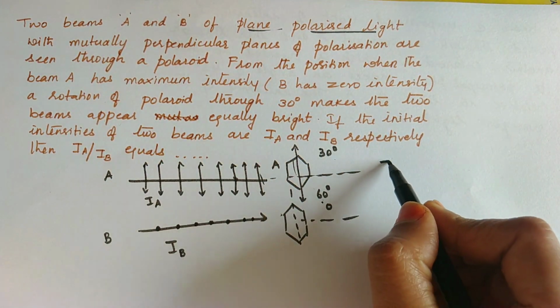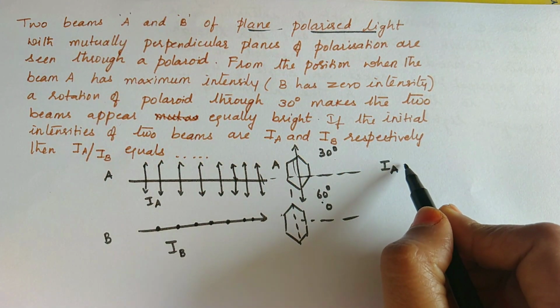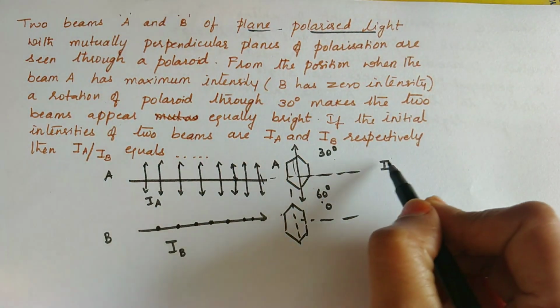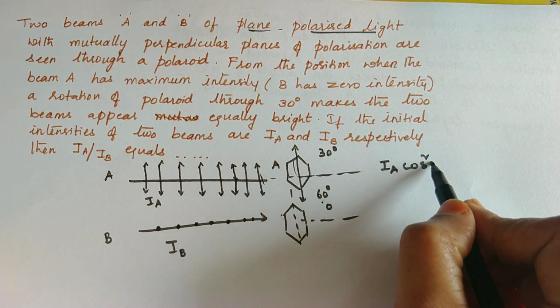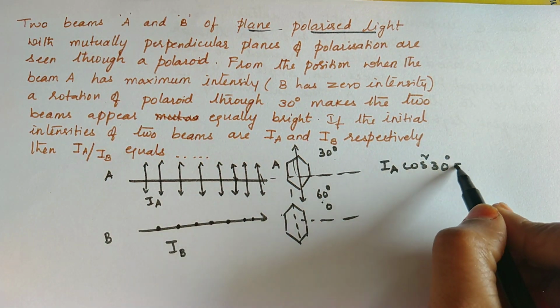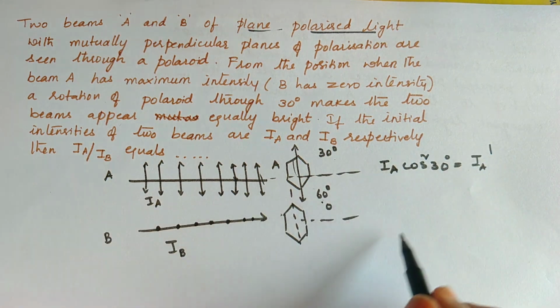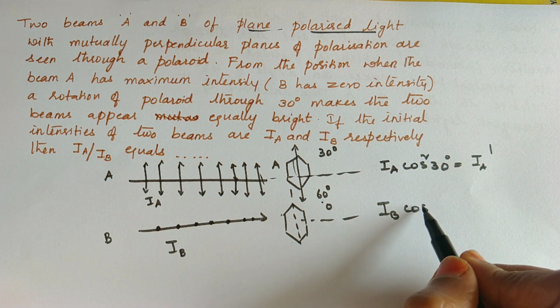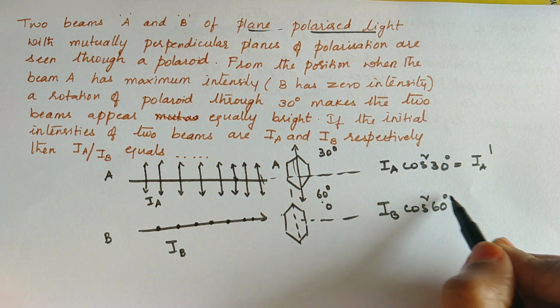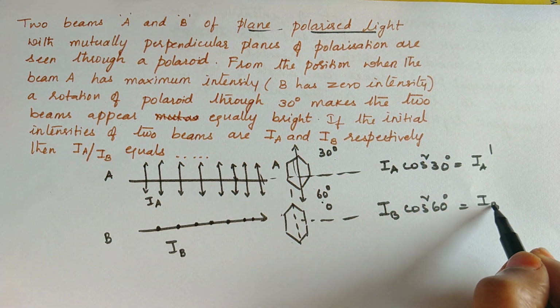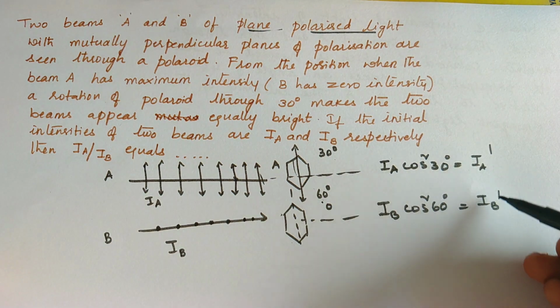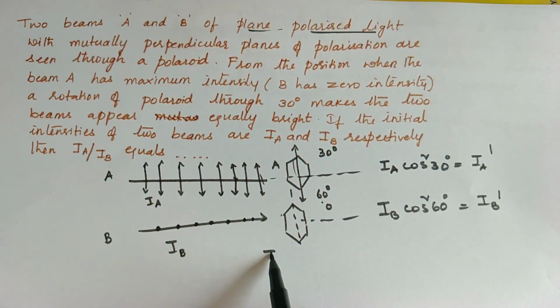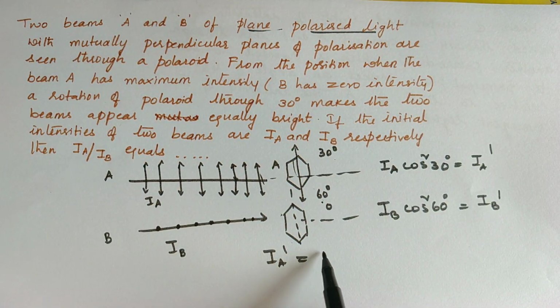So what is the intensity emerging from the first one? IA, incident intensity, cos square 30. I'll call this IA dash. IB for the second one, cos square 60. Let this be IB dash. So they're saying they are appearing equally bright. So IA dash must be equal to IB dash.